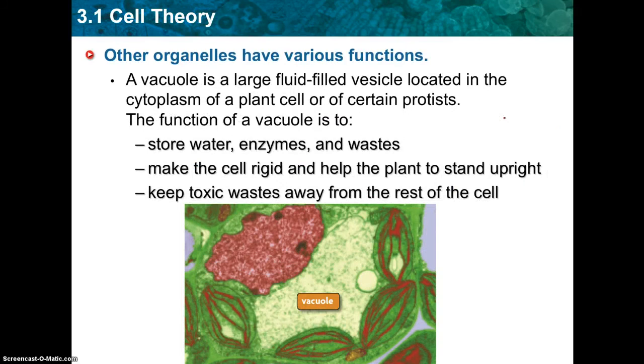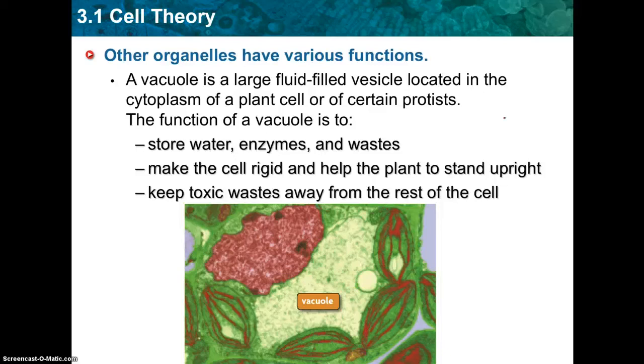Some other organelles that we need to talk about are vacuoles. A vacuole is just a large fluid-filled vesicle located in the cytoplasm of a plant, or a certain protist.